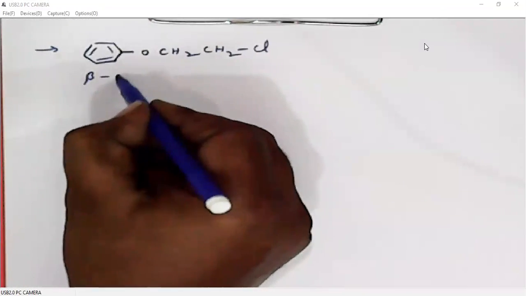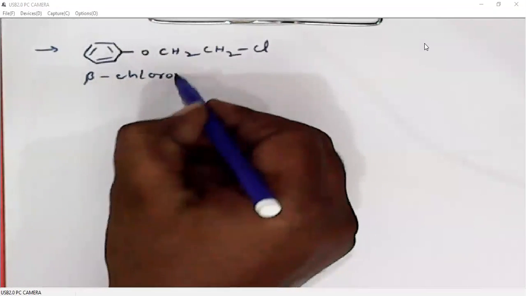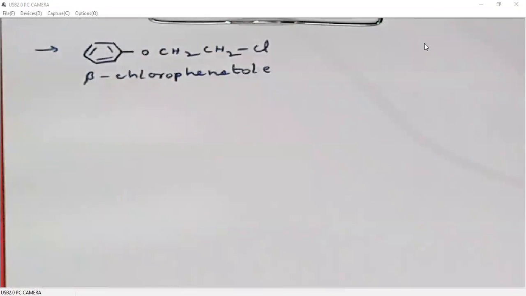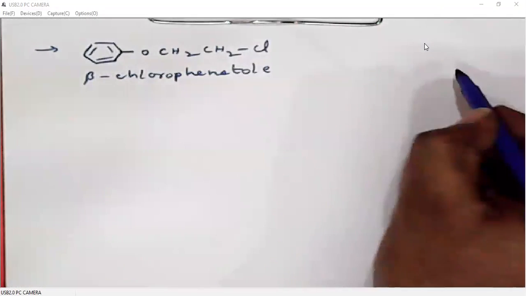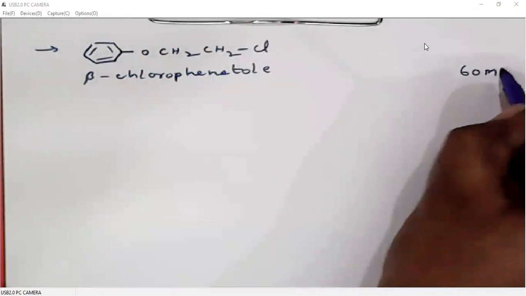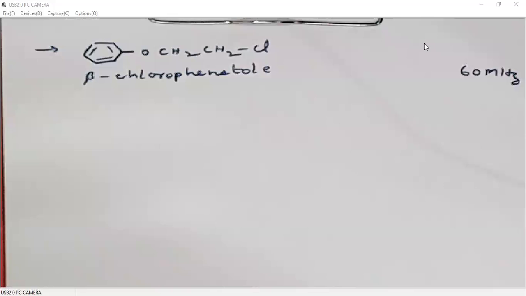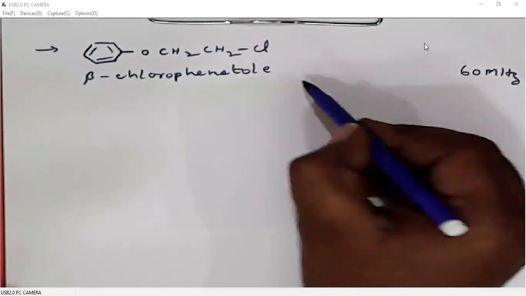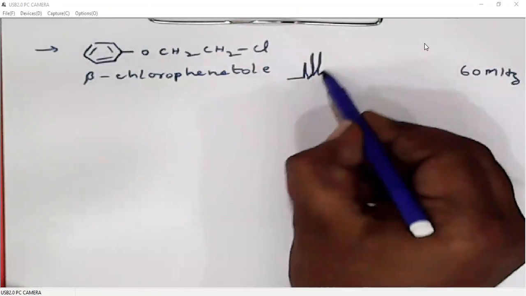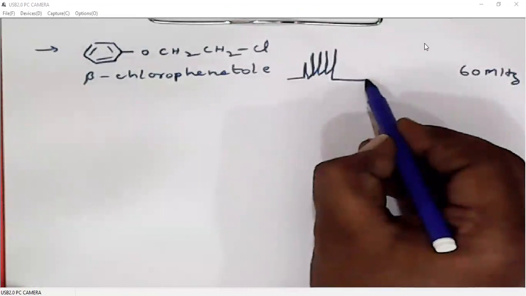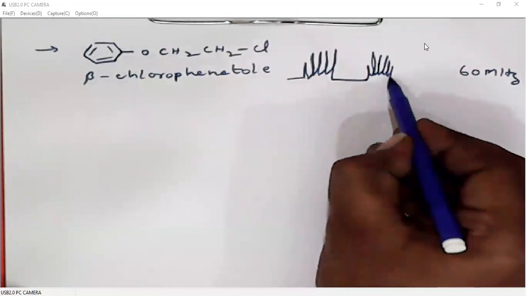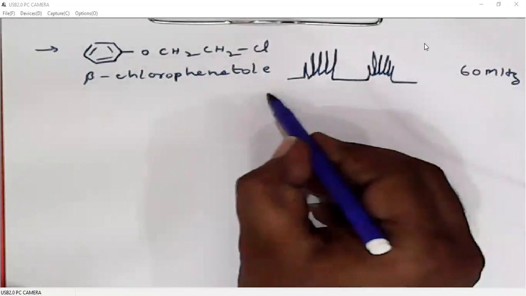This is beta chlorophenol. When we do this on a 60 megahertz instrument, because of its low resolution, it gives a complex spectrum. It gives a complex multiplet for aromatic protons, as well as a complex multiplet for these two.